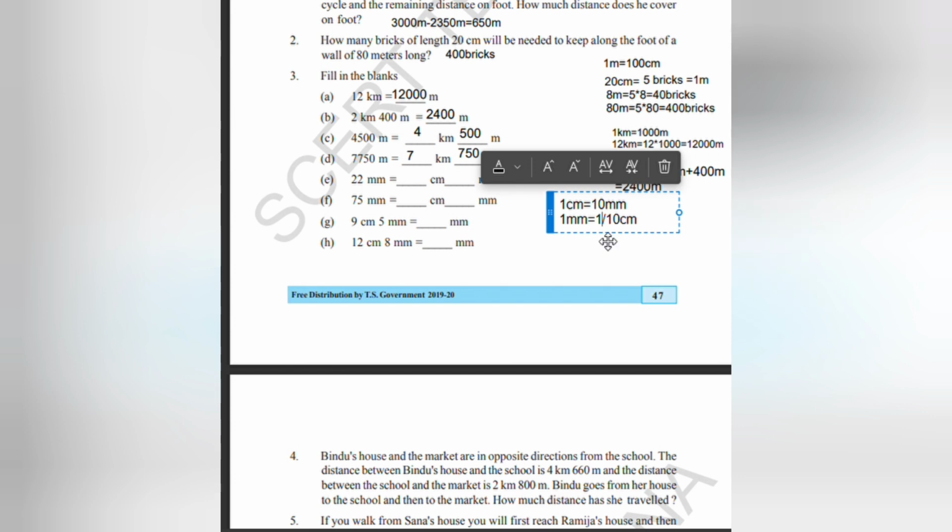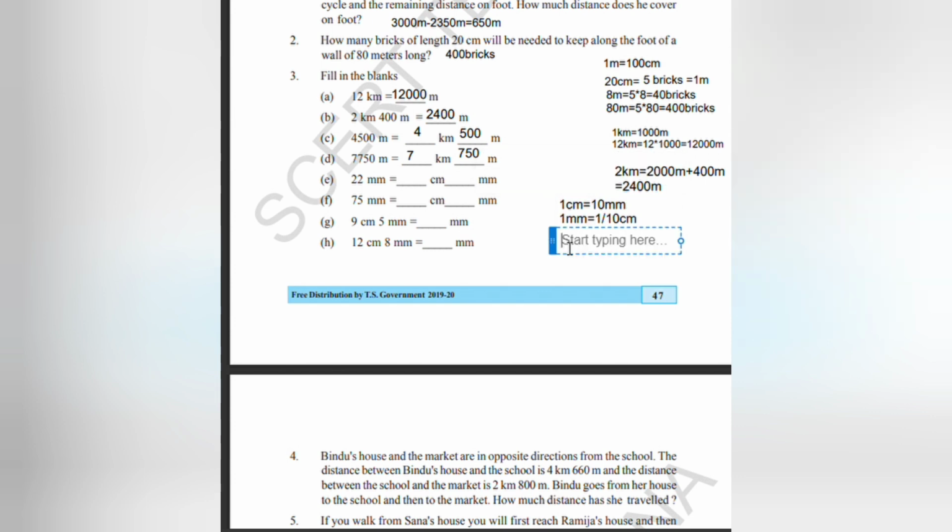Okay, then our question is 22 millimeter. So that's equal to 22 by 10 centimeter. So that is also equal to 2 centimeter 2 millimeter.